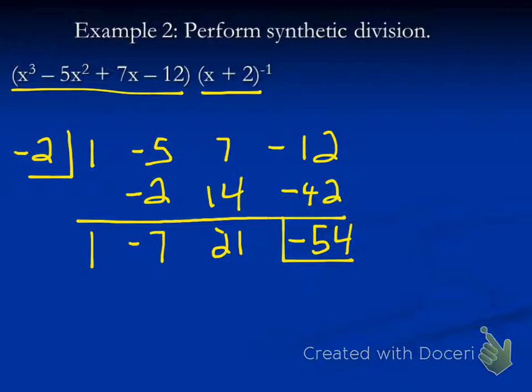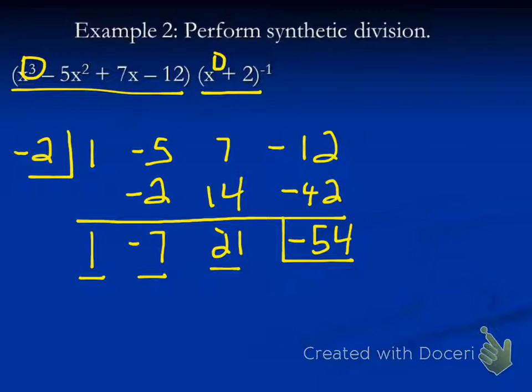So our solution, these are the coefficients of my solution. What power does my solution start with? x squared. Why is it x squared? Because I'm dividing a cubic polynomial, or third degree, by a first degree, so my answer is going to be a second degree polynomial.